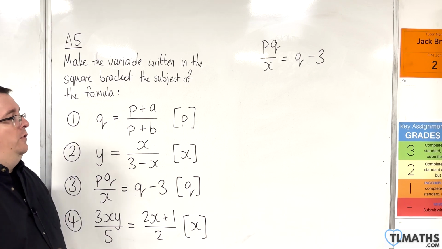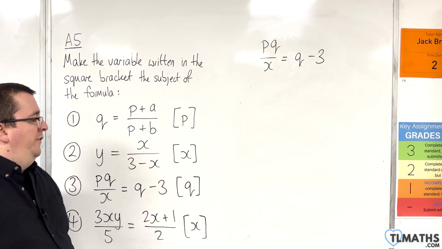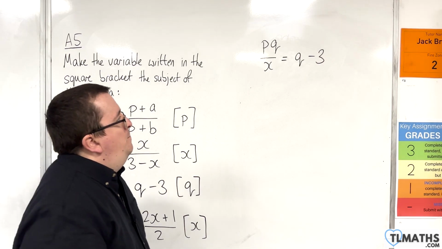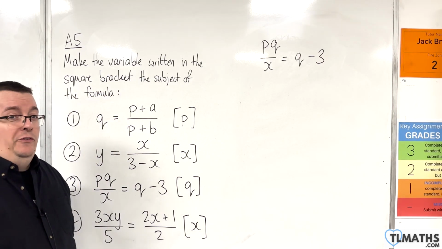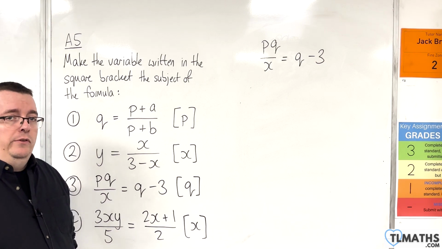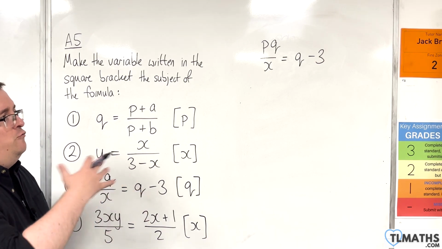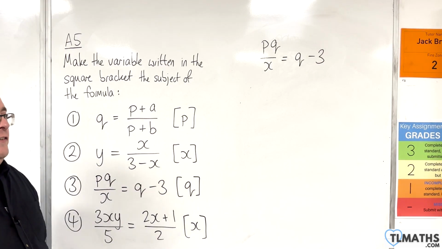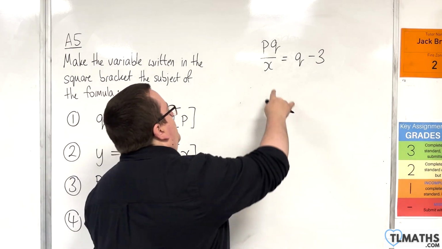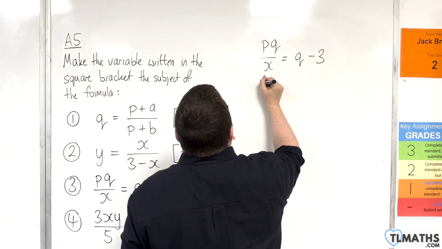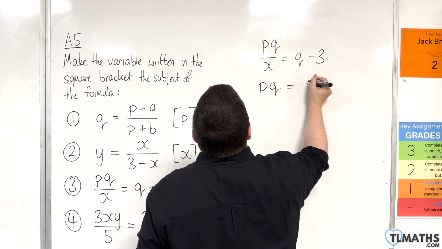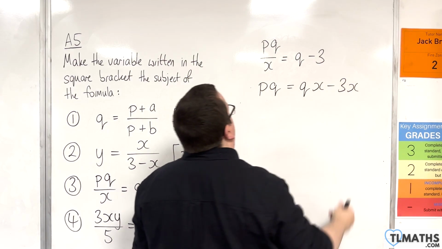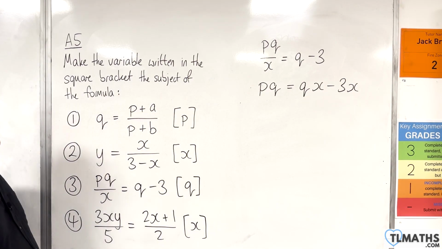Now x is not what I want to isolate. I want to get Q by itself. But it's just to avoid nasty algebraic fractions. Anytime I can get rid of fractions, that will help. So I'm going to multiply both sides by x. PQ is equal to Qx take away 3x. Okay?